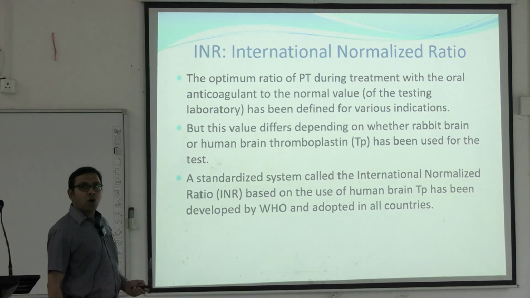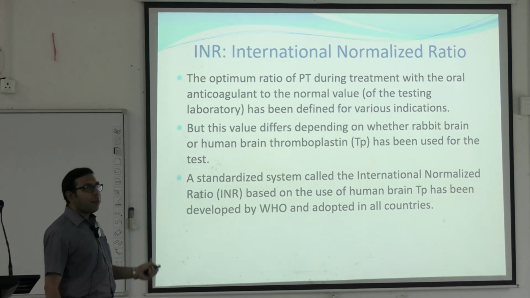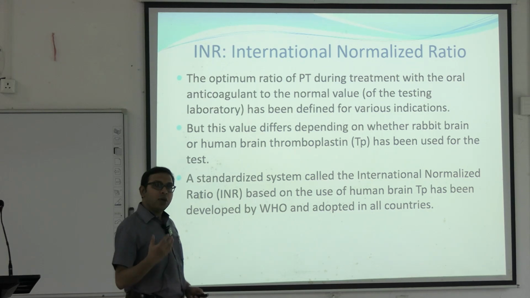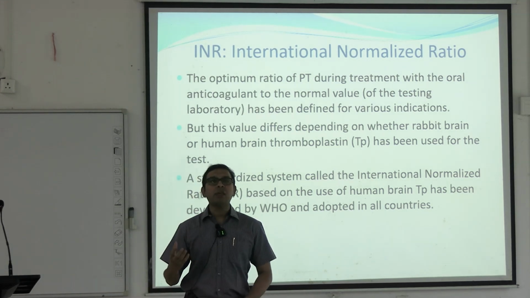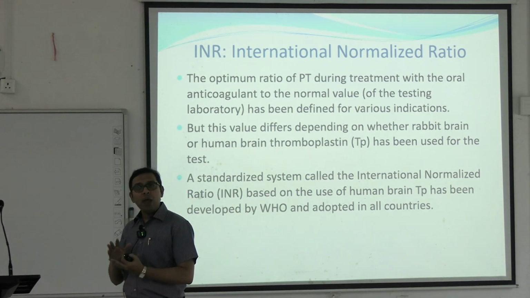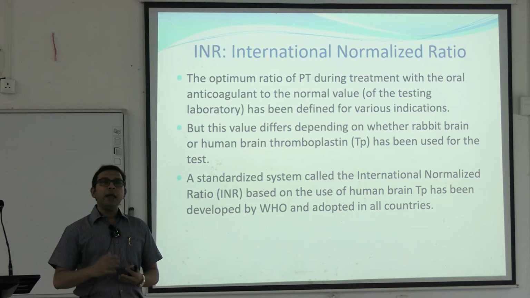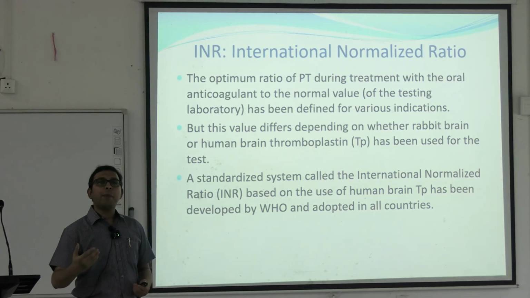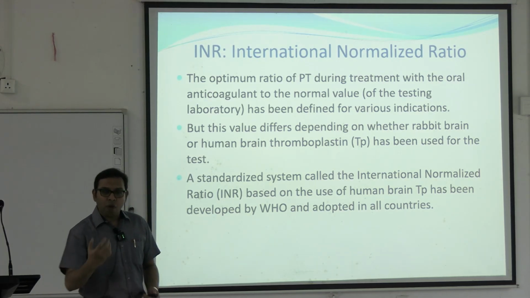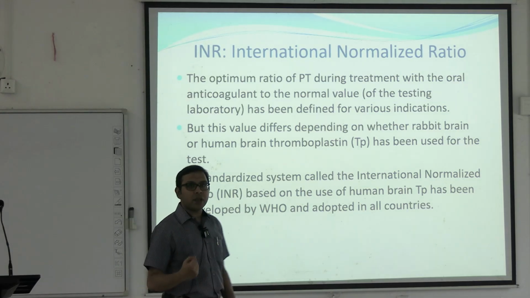So the international normalized ratio is the way by which we can measure the actions of the warfarin. When we are using the warfarin, firstly, every week we have to test the prothrombin time, and from it derive the international normalized ratio.